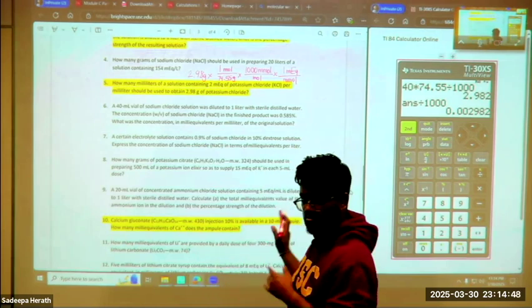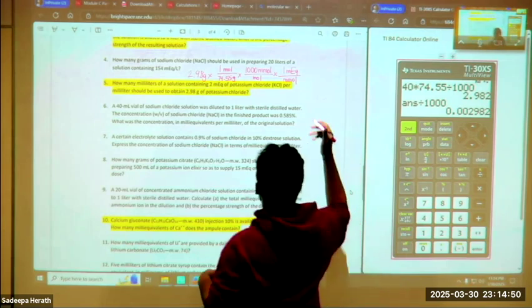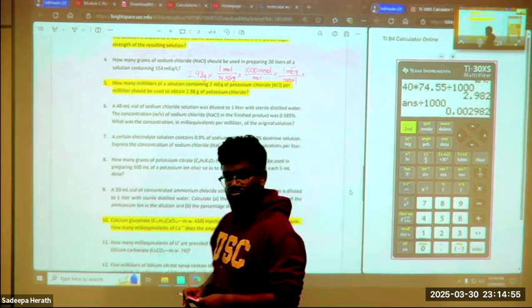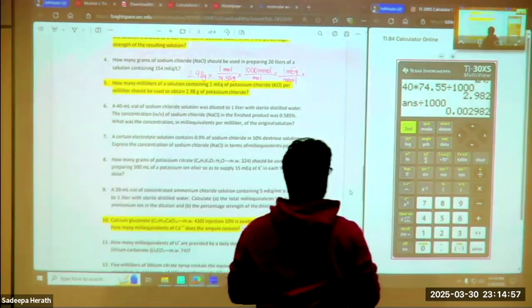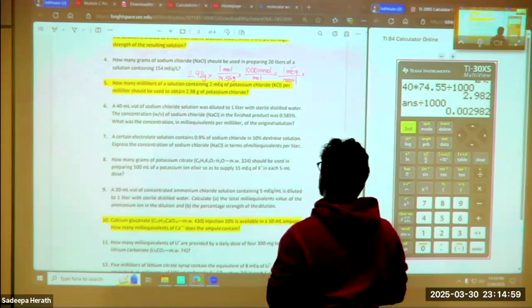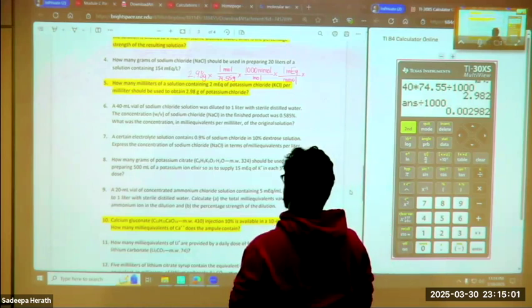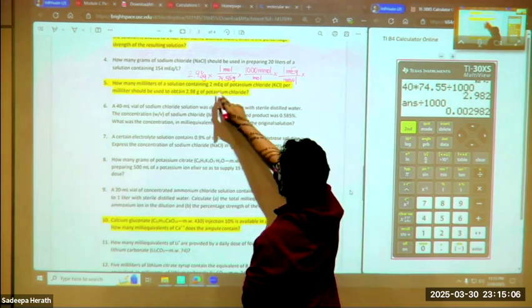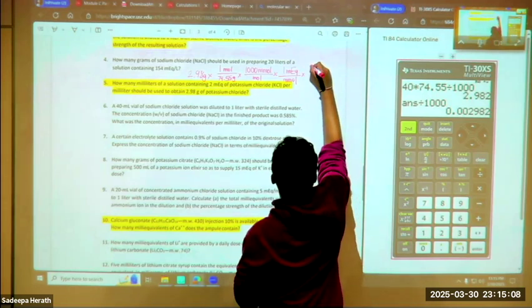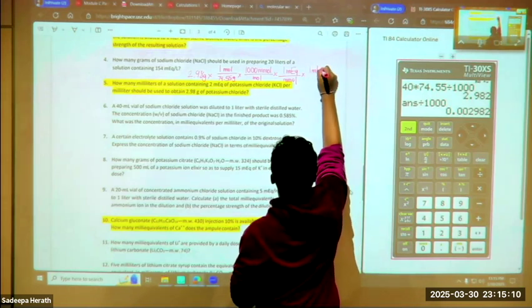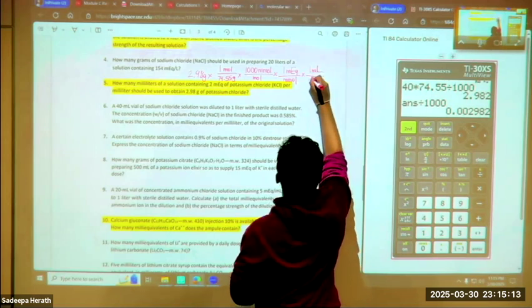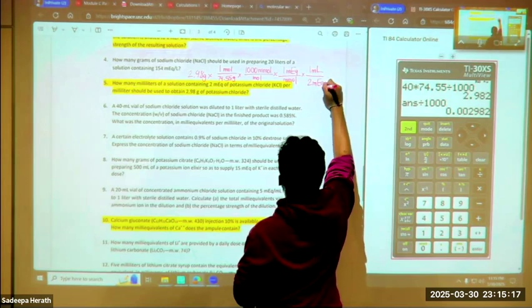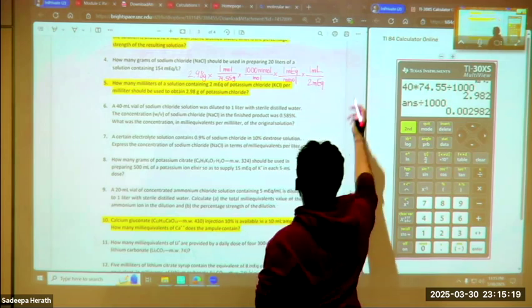I just wanted to show you how we're approaching this, why we're continuing from here. So 2 MEQ per ml. For every 1 ml, there are 2 MEQ.